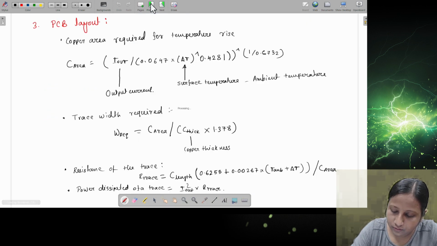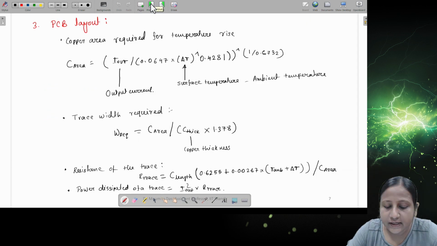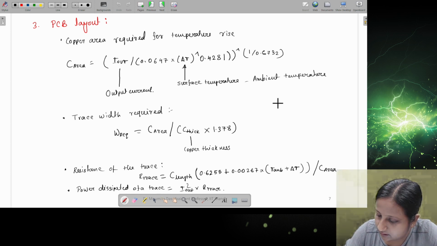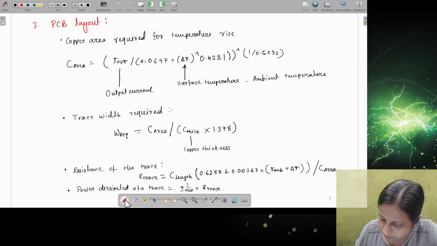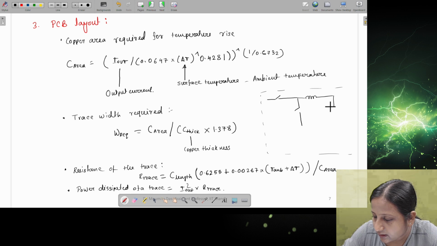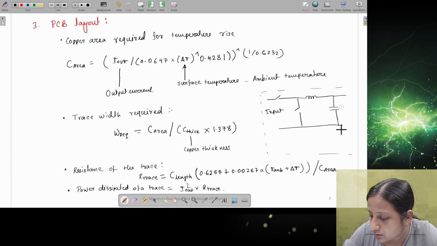So in any converter, if I consider, let's say this is a synchronous buck converter. It has an inductor and a capacitor, and generally the capacitor can be at the input and output. I'm just using the input source and output.